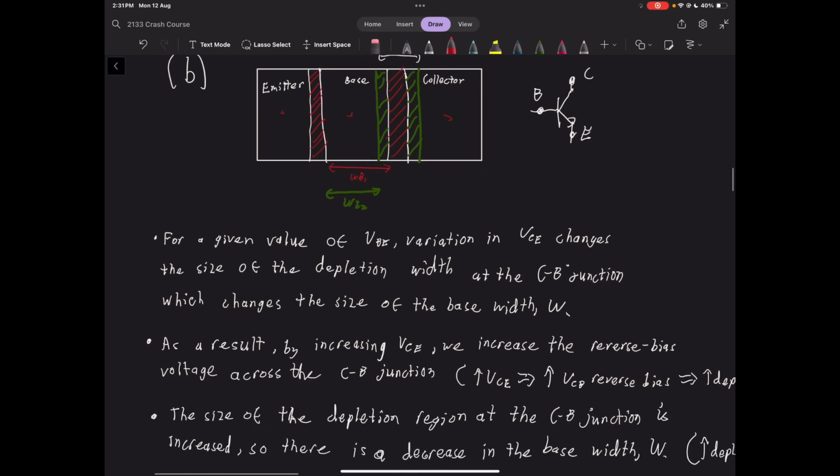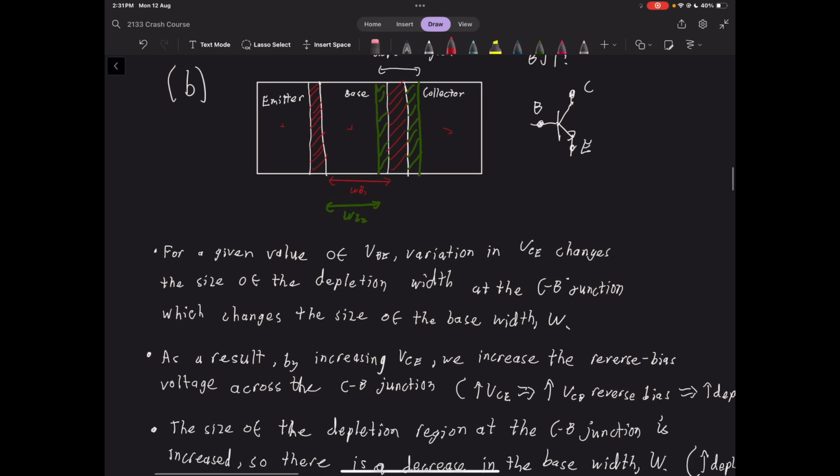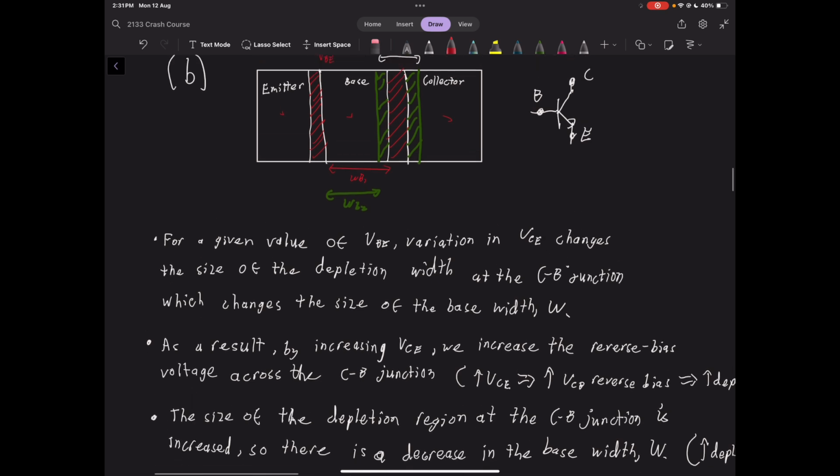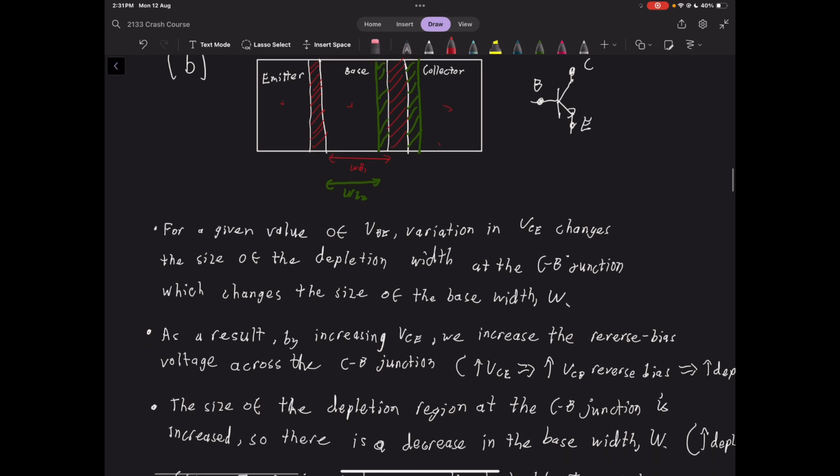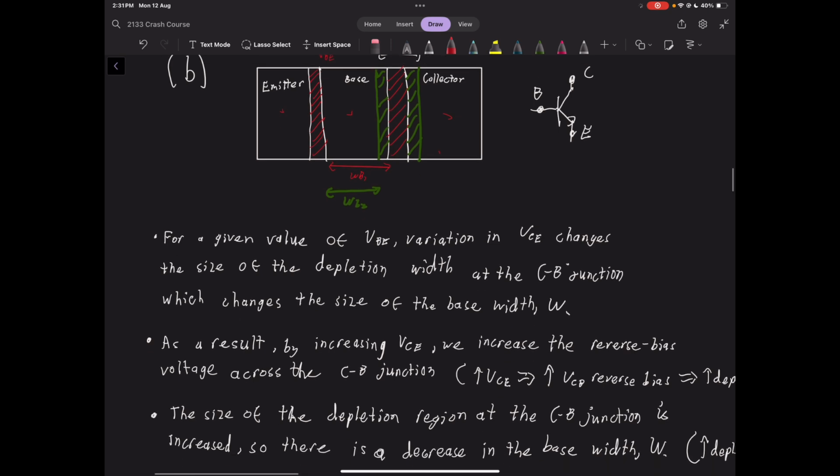And essentially what base width modulation is, we're assuming a given value of VBE. So obviously that's the voltage across the base to the emitter. As you change the voltage across the emitter to the collector, the size of the depletion width at the collector-base junction will change the size of the base width.